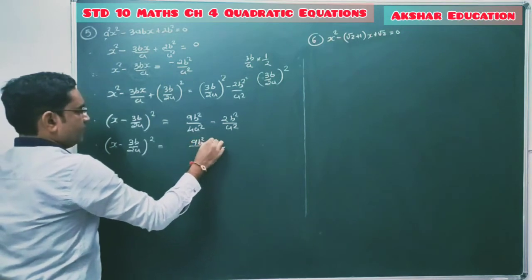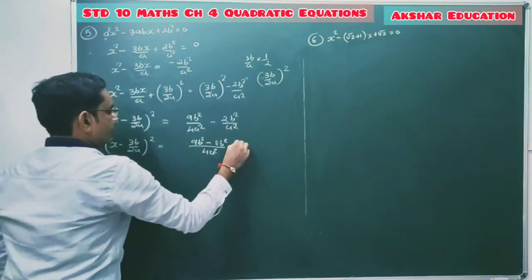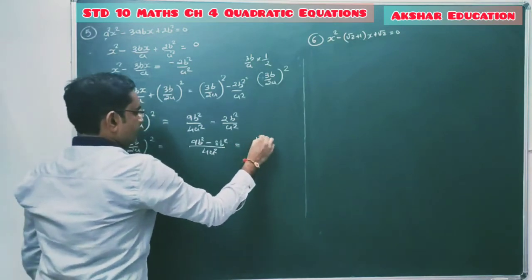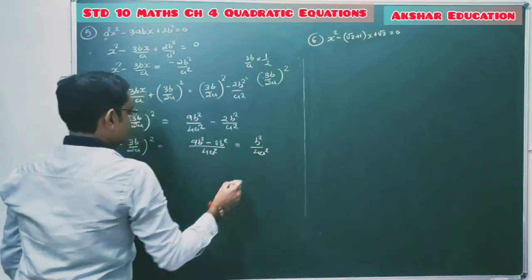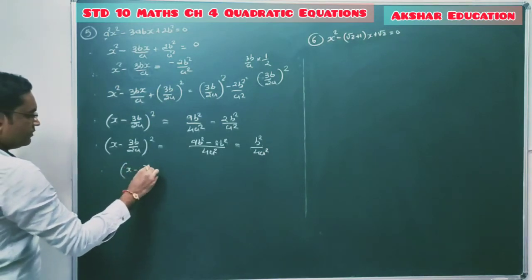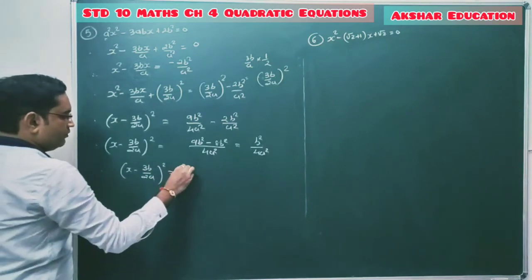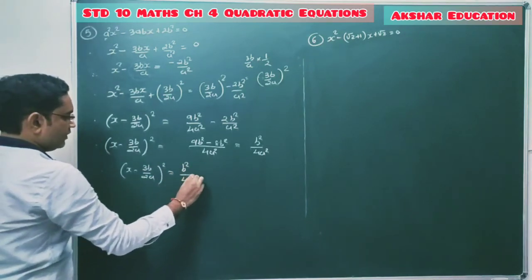This will be 9b square minus 8b square. So 9b square minus 8b square is nothing but b square upon 4a square. So here we are getting (x minus 3b upon 2a) whole square, which is equal to b square upon 4a square.